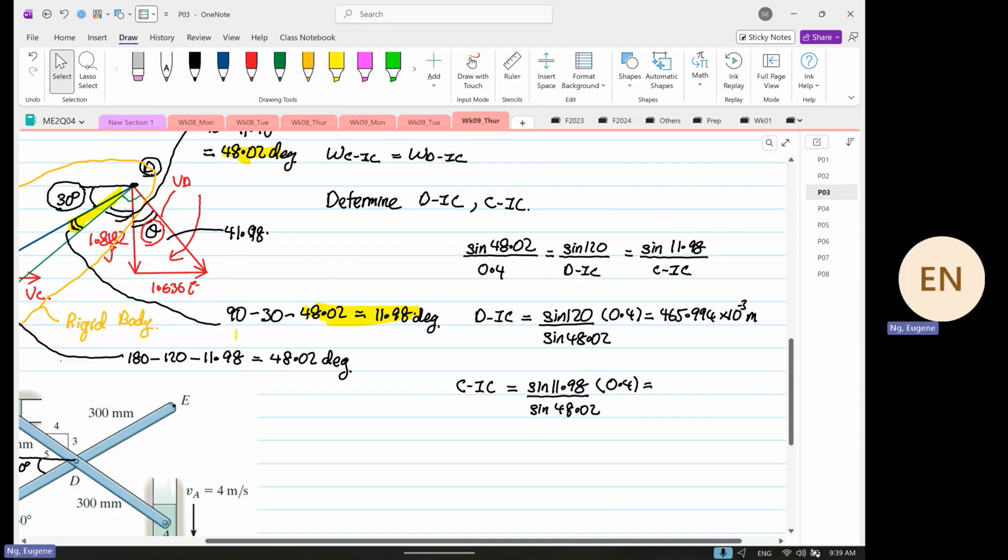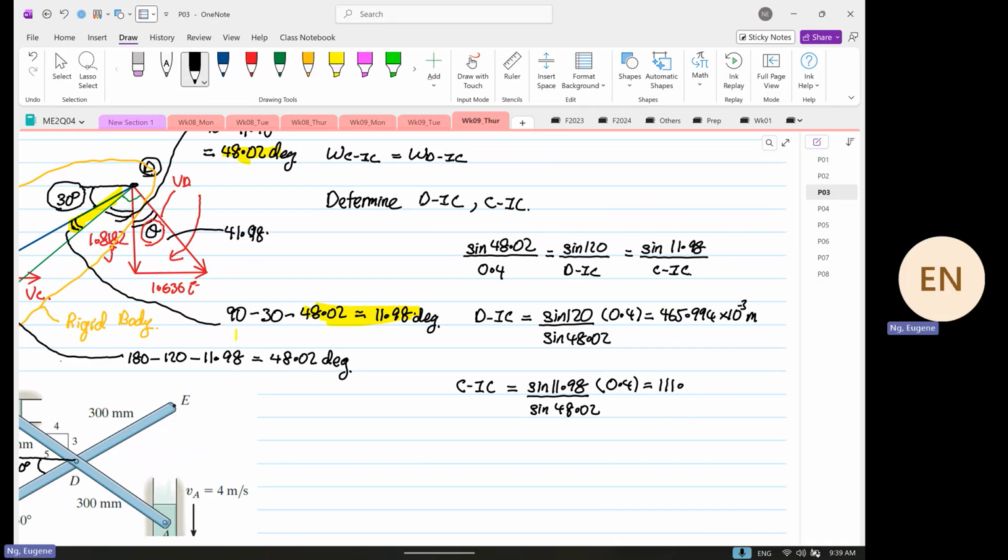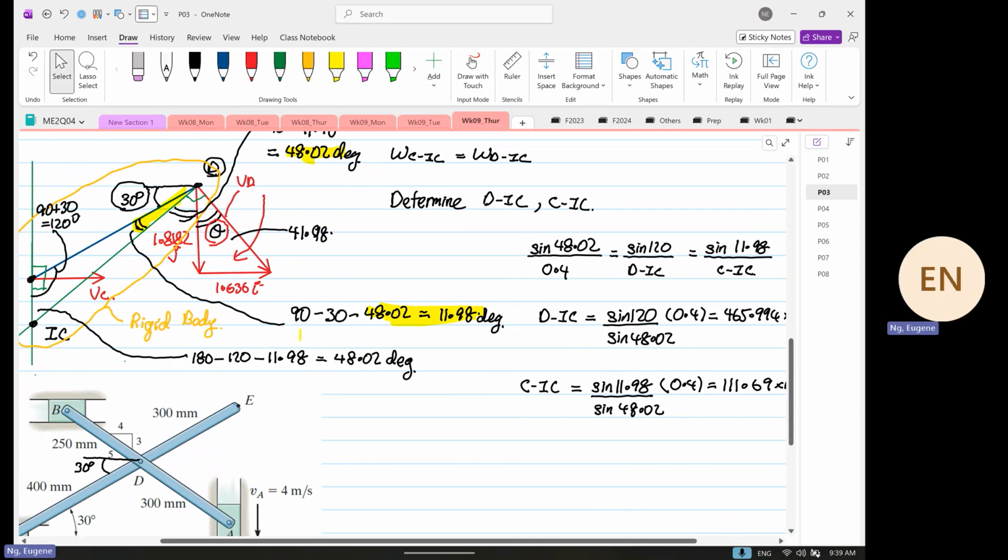Sine 11.98 divided by sine 48.02 times 0.4 is 111.69. So DIC is a longer distance than CIC.